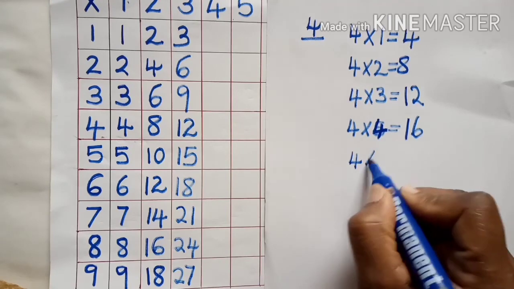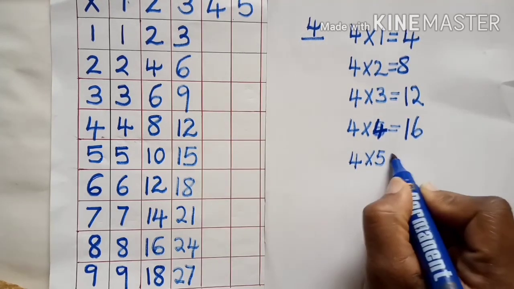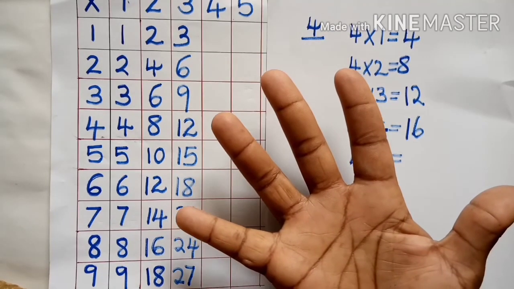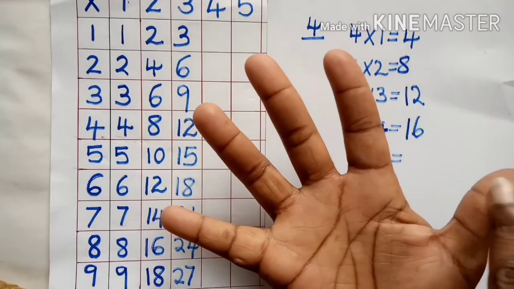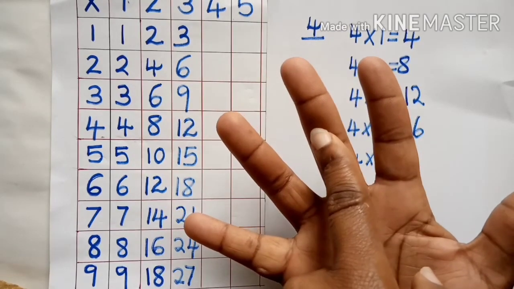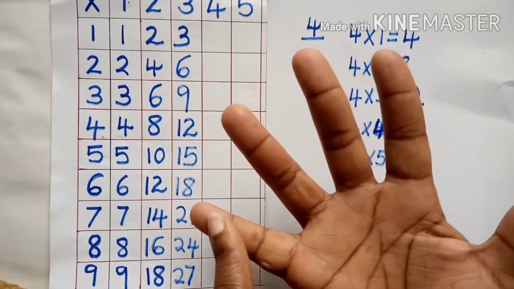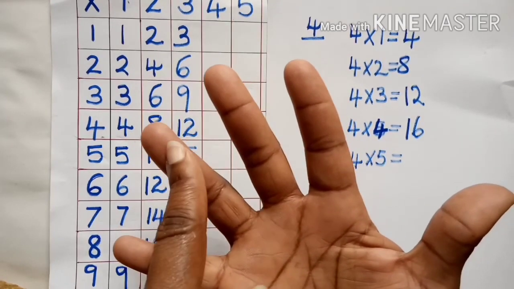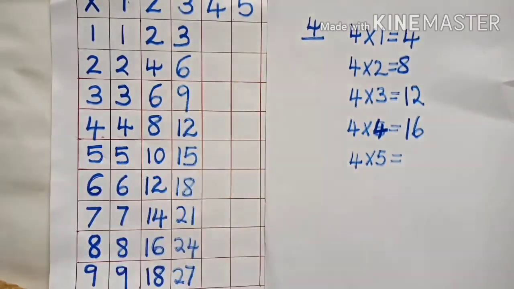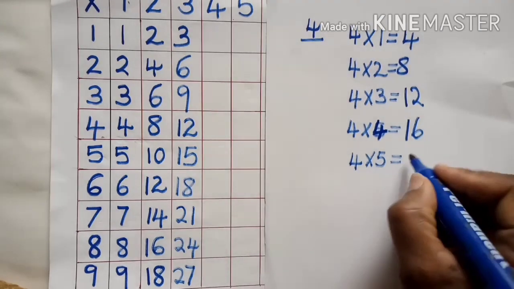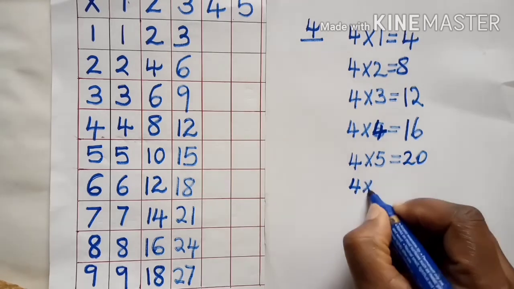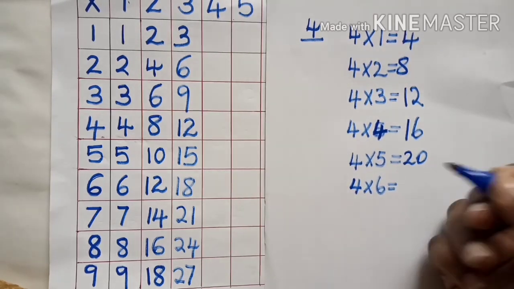What about 4 times 5? You're going to say 3 times 5. Stick your 5 fingers out and say the multiples of 3: 3, 6, 9, 12, 15. Plus these 5 fingers, 15, 16, 17, 18, 19, 20. So 4 times 5 is 20. What about 4 times 6?